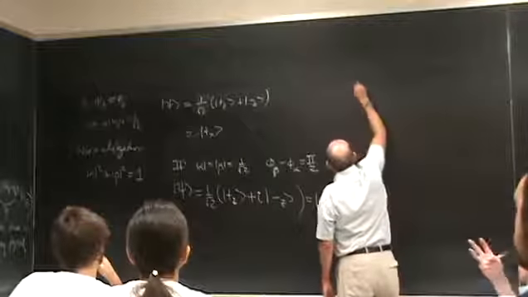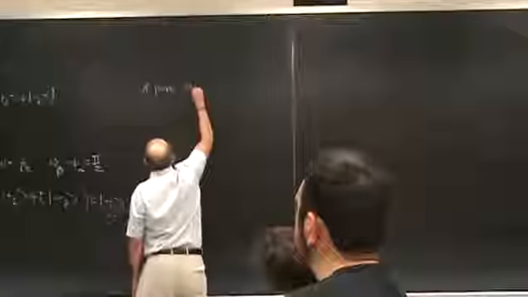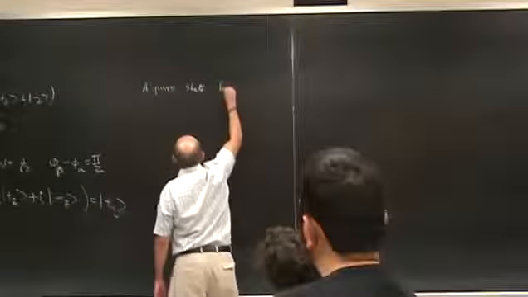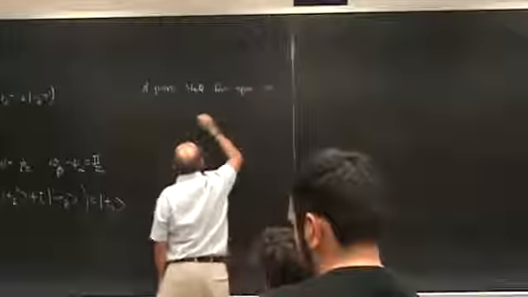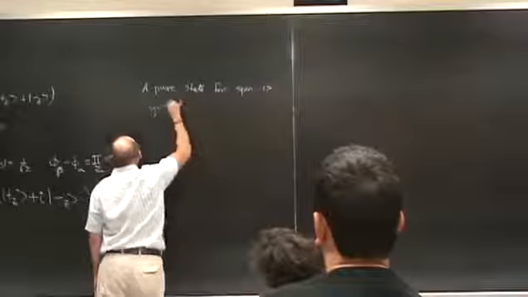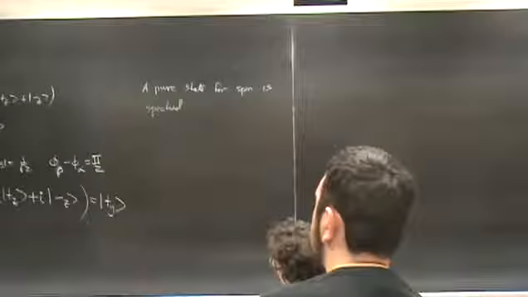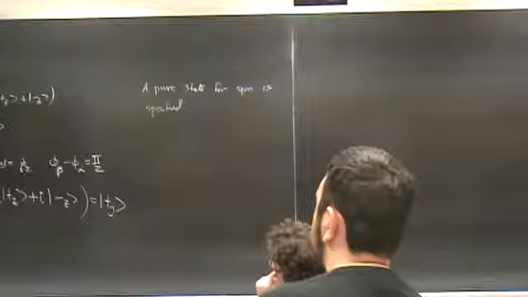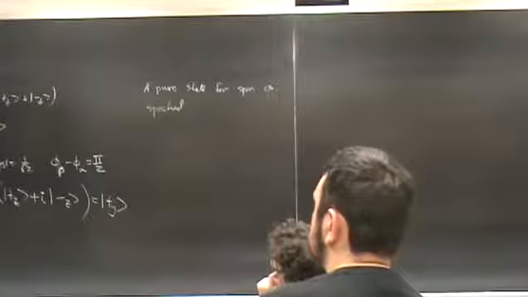So a pure state of the spin 1/2 is specified by what? Well, if I look at this expression over here, I need to specify the relative phase. That's one parameter. And then I have alpha and beta.